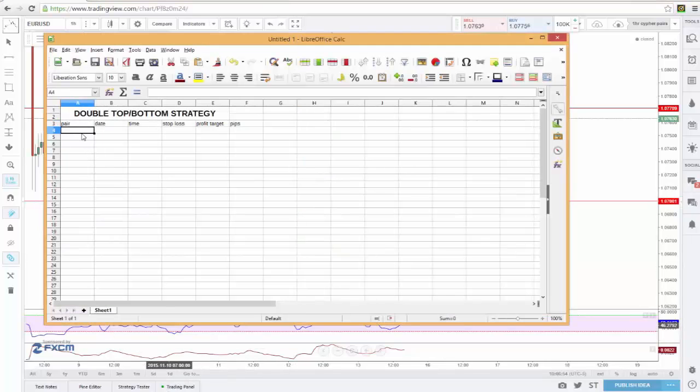So the pair is going to be the euro dollar. The date is 11/11/15. The time. The stop loss was, we have a 1-to-1, so we know the stop loss was going to be 87. Well, minus 87. We know our profit target was 87. We know we lost 87 pips on the trade.